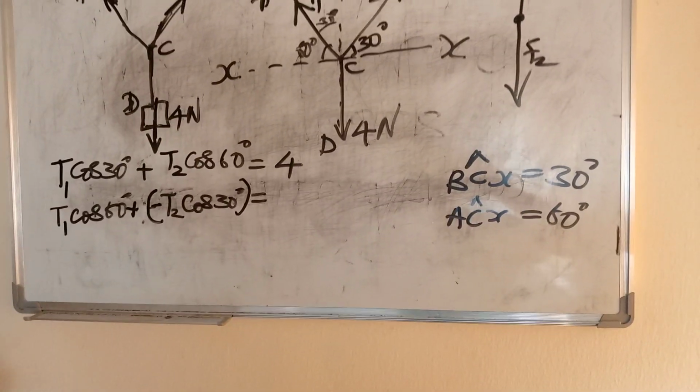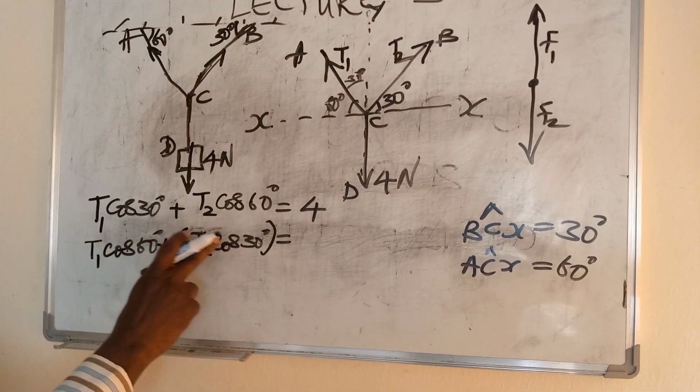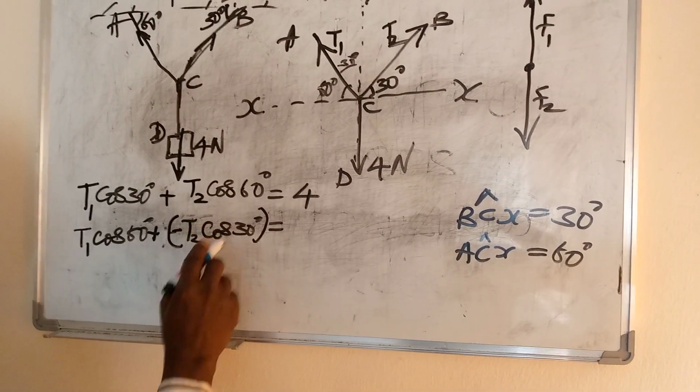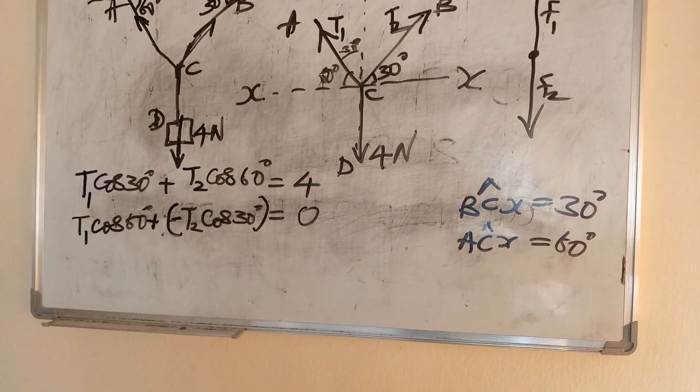So the direction of T2 becomes negative because they are not in the same direction horizontally. So plus T1, then minus T2 cos 30 is equal to 0 for it to be in equilibrium horizontally.